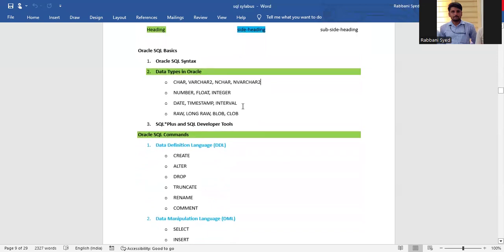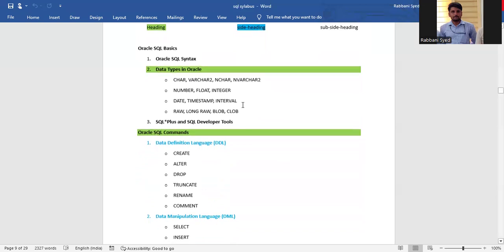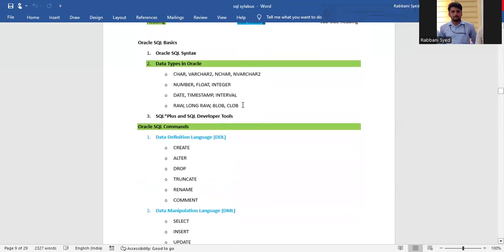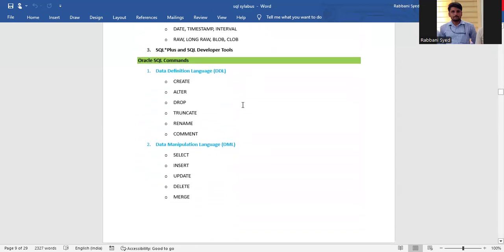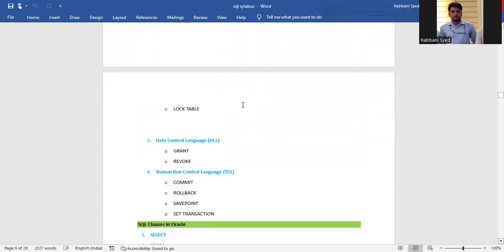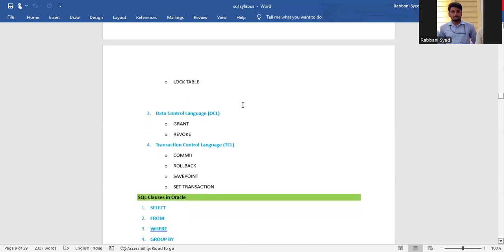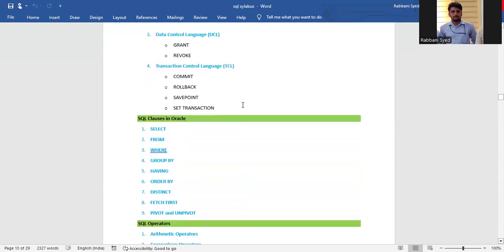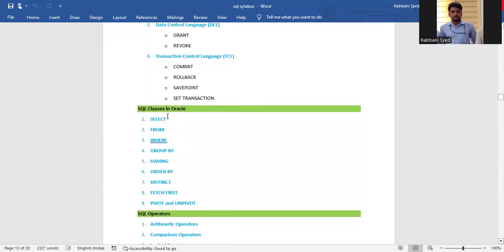Whenever you create a table and insert into the table, it is a main factor of the database. Then Oracle SQL commands: DDL commands, DML commands, data control commands, transaction control language, TCL, as well as SQL clauses.